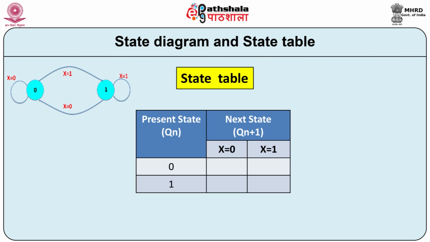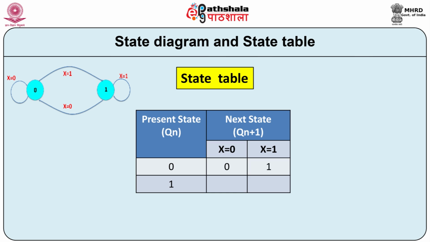First column indicates two possible present states 0 and 1. The circuit will change the state depending upon the value of input variable x. When the present state of the circuit is 0 and x is also 0, then the next state of the circuit remains in 0.